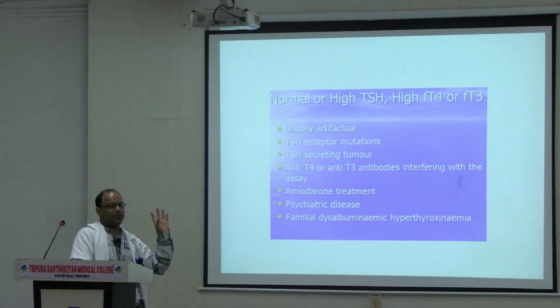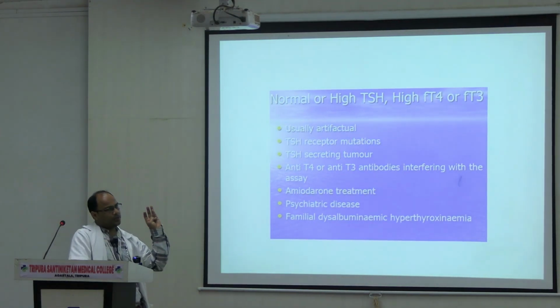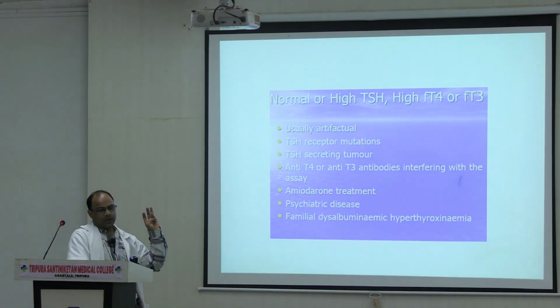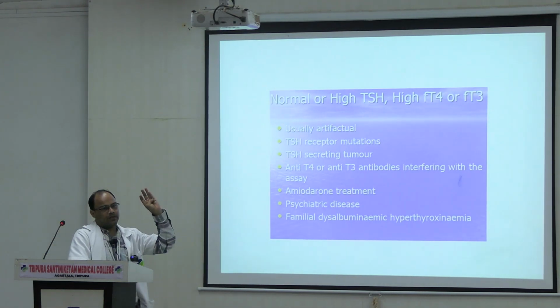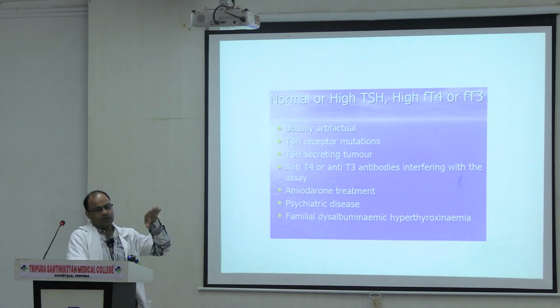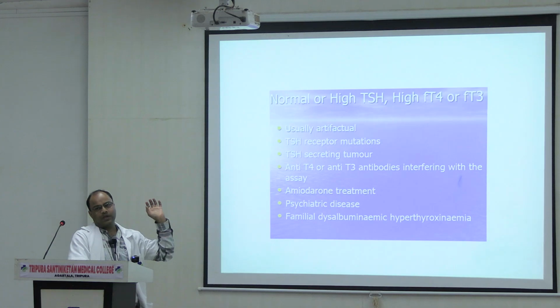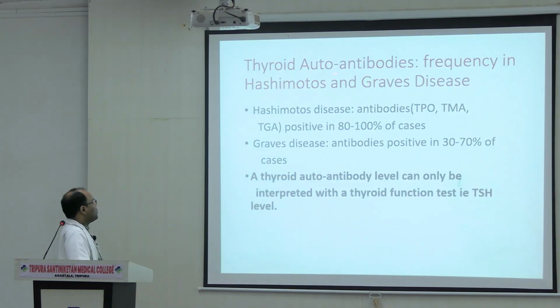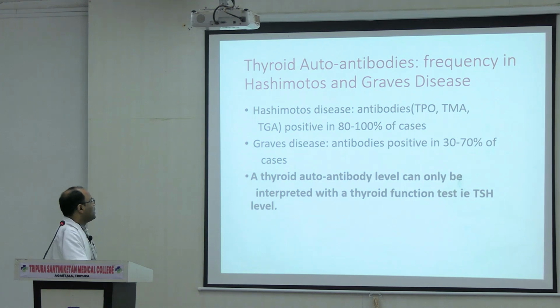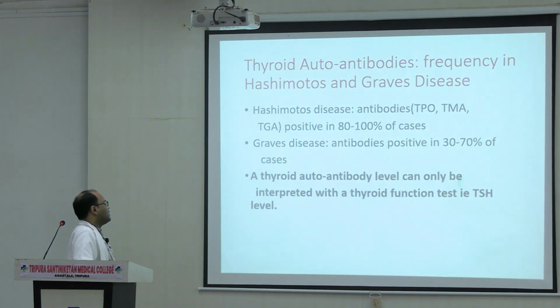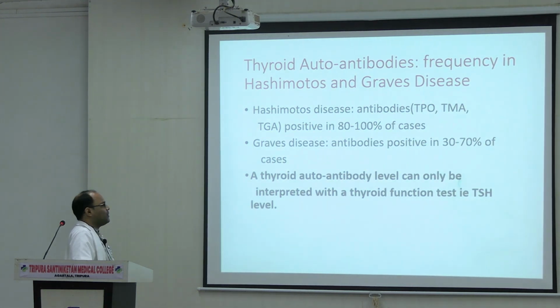So remember two things at least: hyperthyroidism and hypothyroidism. In hyperthyroidism, the TSH value is very low, whereas in hypothyroidism the TSH value is very high. Thyroid autoantibody frequency in Hashimoto thyroiditis and Graves' disease: in Hashimoto thyroiditis, the anti-TPO antibody is very high.